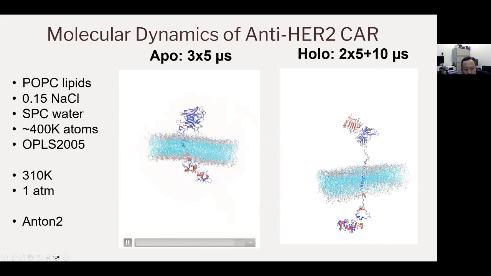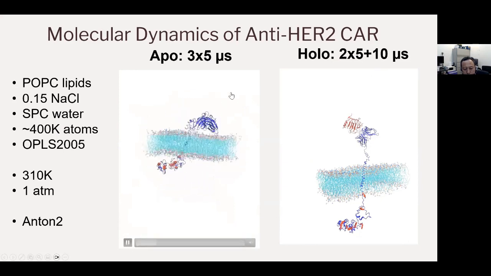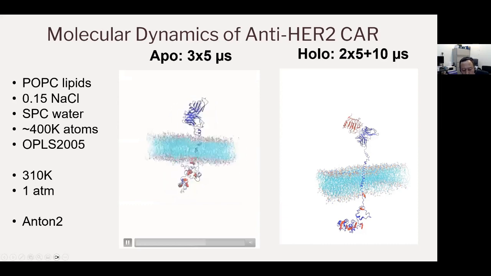This portion appears to be more fixed, but this portion is much more flexible. Let's watch again to see. This portion is very flexible to search for a partner. To me, it's like it keeps moving, searching for a partner. And this portion, the intracellular domain, is much more fixed.